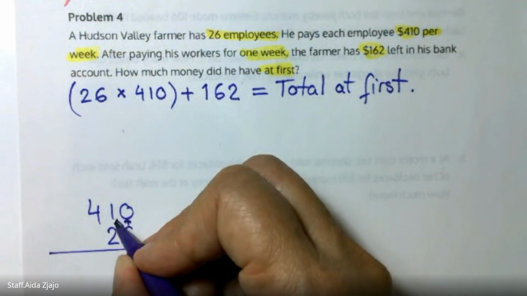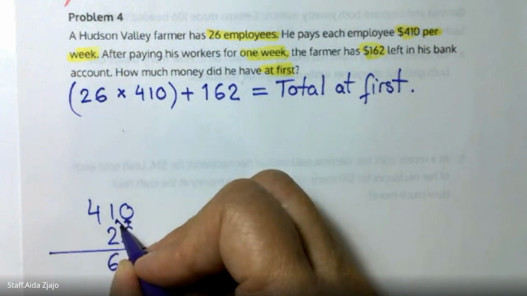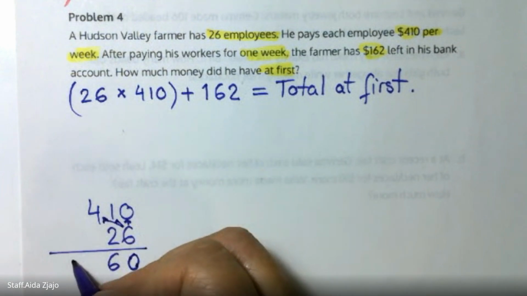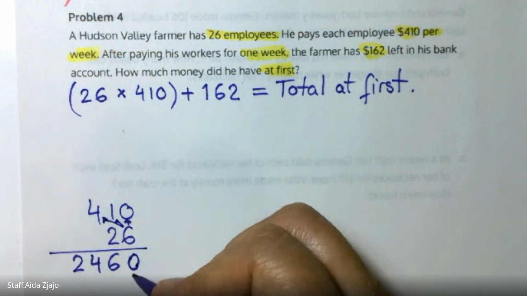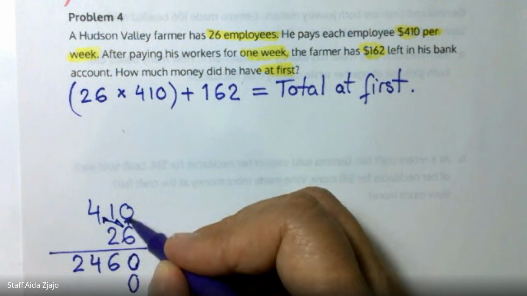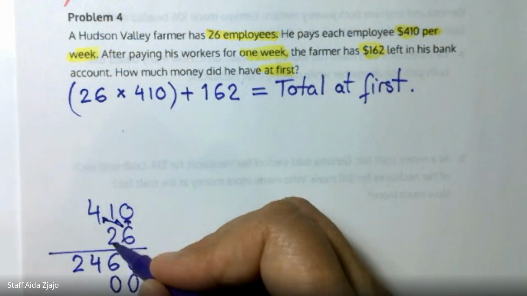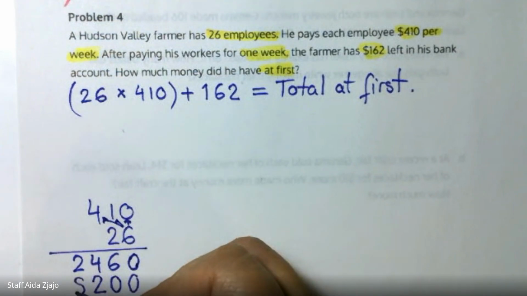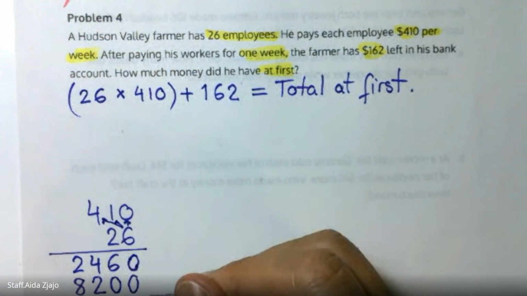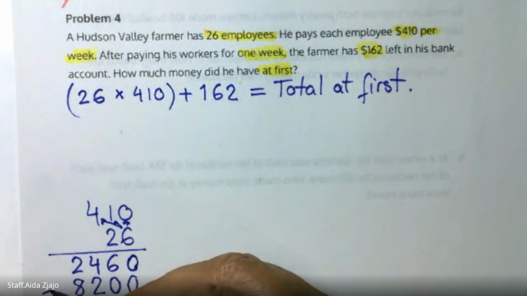Okay, 6 times 1 is 6. 6 times 4 is 24. Now we're done with ones, put the 0. 2 times 0 is 0. 2 times 1 is 2. 2 times 4 is 8. You've got to add that.